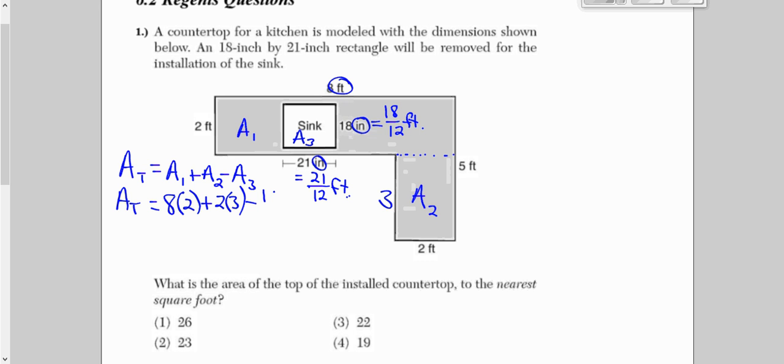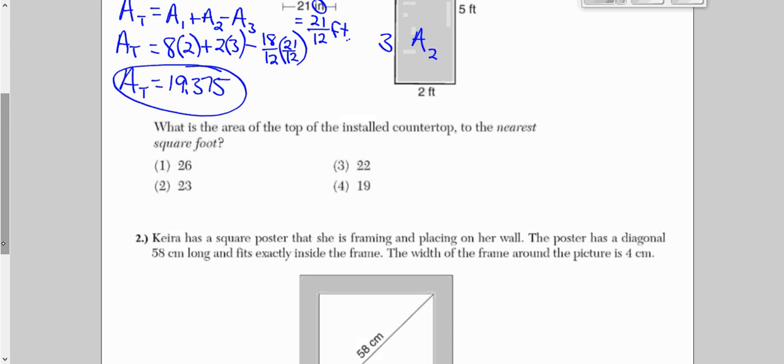So 18 twelfths times 21 twelfths, right? And you put that on your calculator. I think it was 19.375 or something like that. Yes, that's correct.